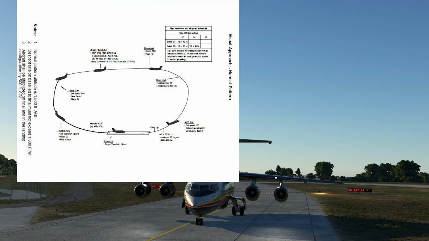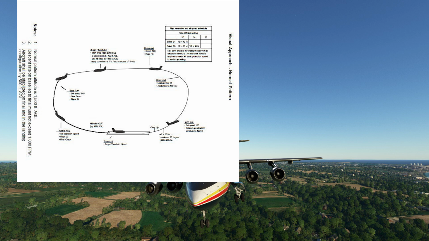By the time you're abeam the runway threshold, that's when you should start planning. It's not very clear what's written here, even at full screen, but I guess you start counting up to 45 seconds, or descend after a certain amount of time.